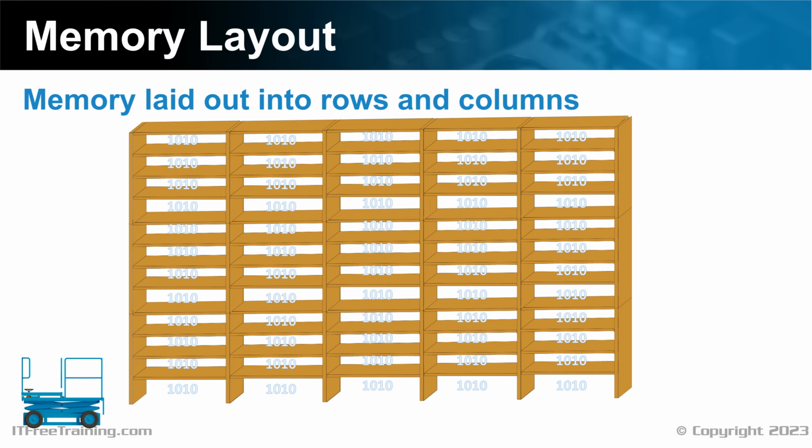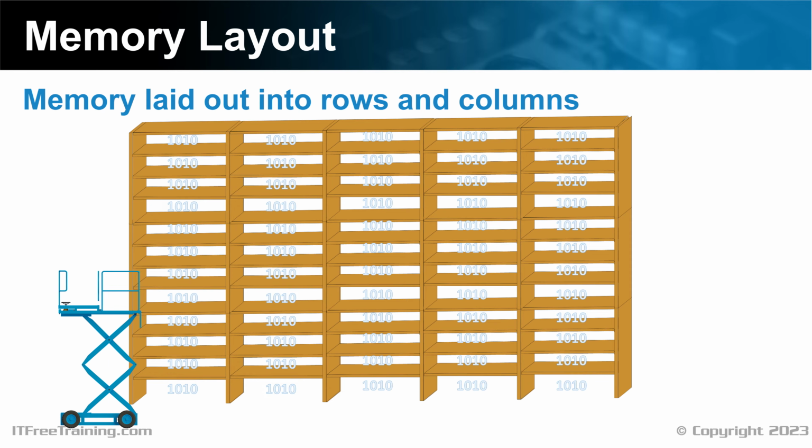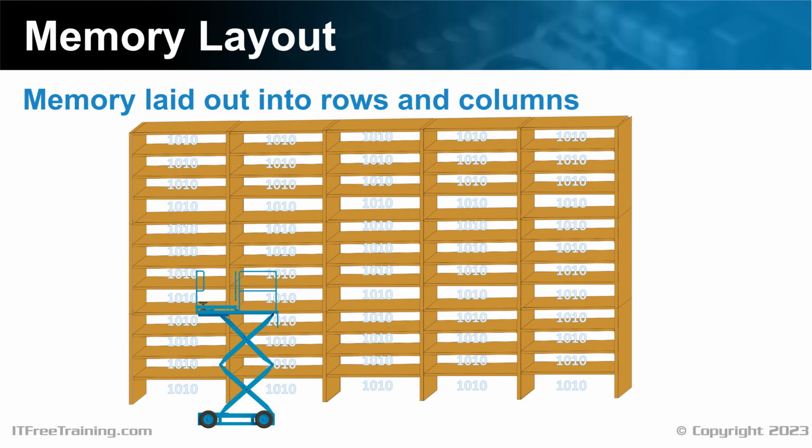So essentially, there are 2 movements of the scissor lift required to access one shelf. One to raise the scissor lift to the correct height, and a second to move it to the required row. You may be asking yourself, why could we not combine the movements into one? If you think of electrical circuits, you are essentially activating a circuit. In the first case, this is the row, and until the row is activated, you cannot access any column.